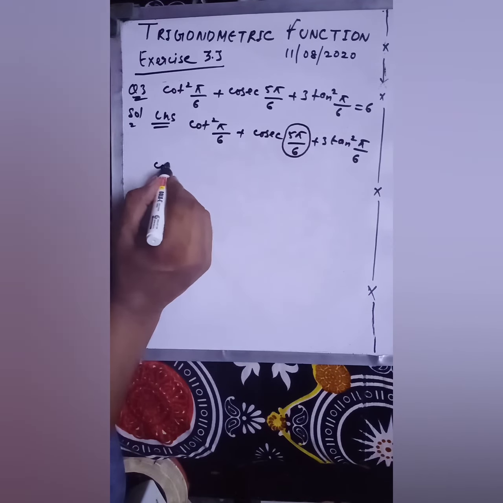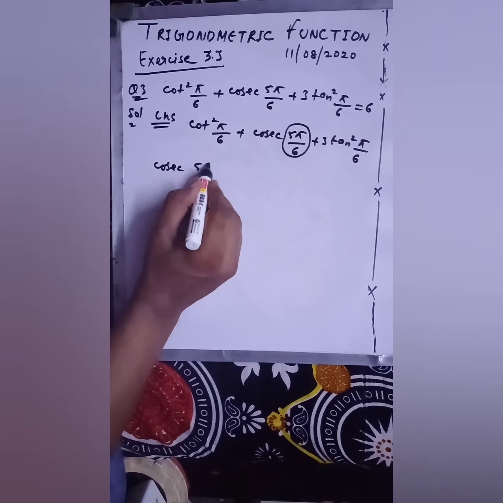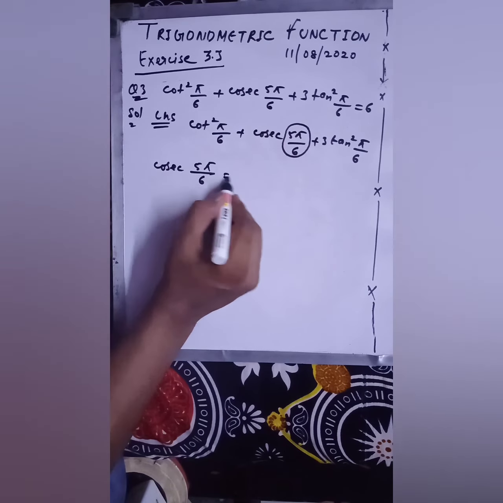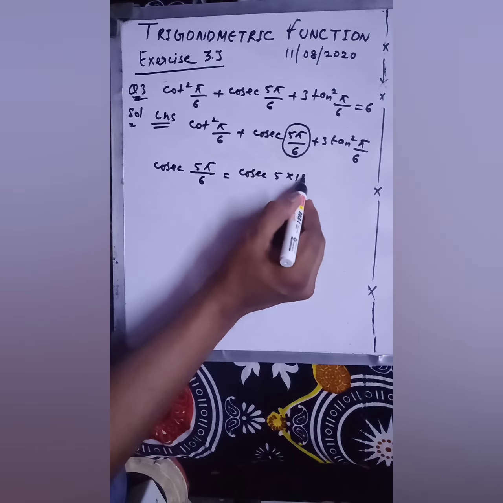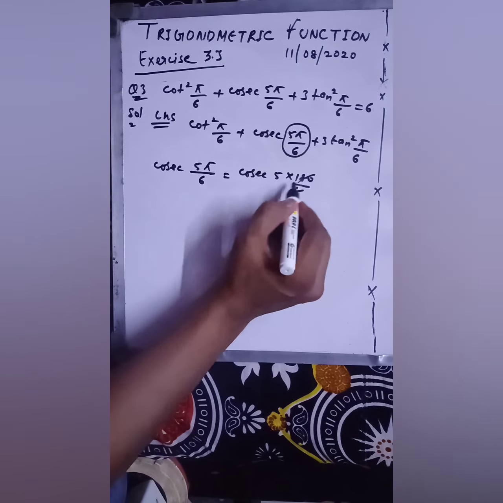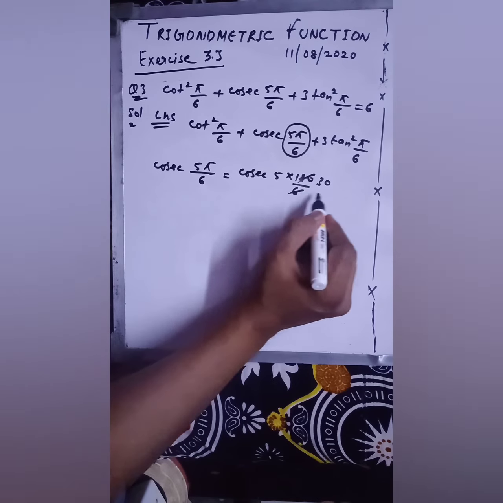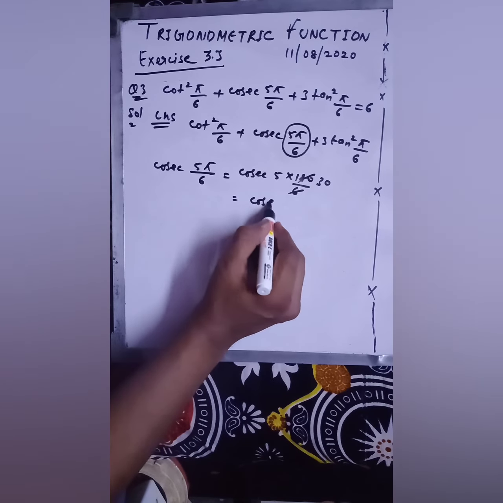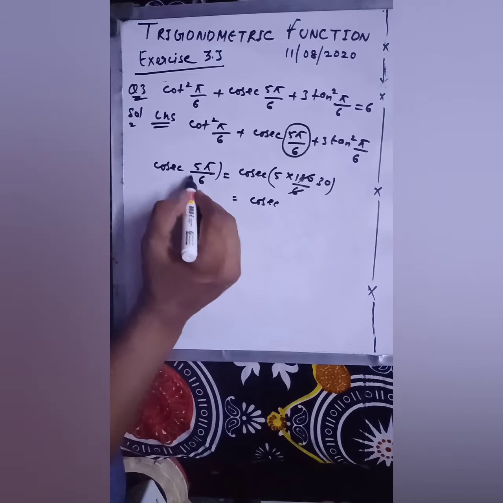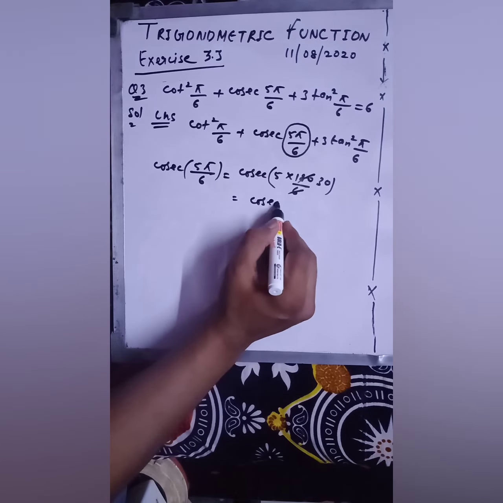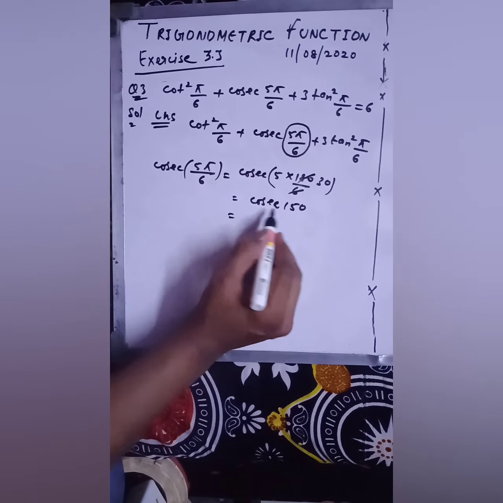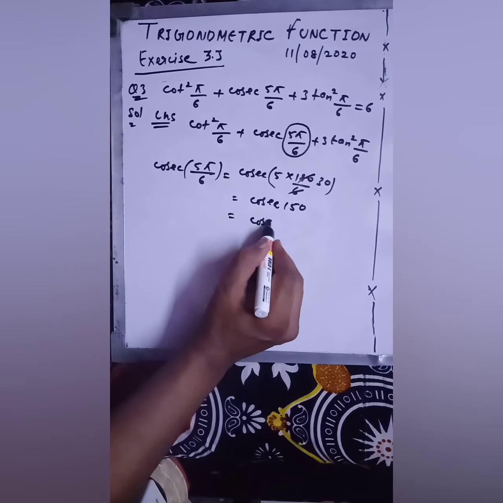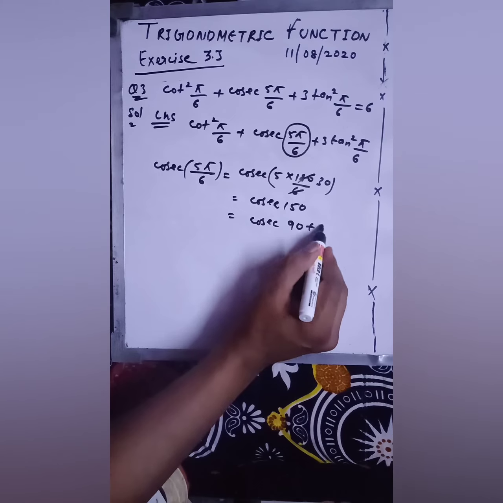So here I am solving cosec 5 pi by 6. Okay, so cosec 5 into 180 upon 6, this would give you 150. So it would be cosec 150. Cosec 150 can be written as cosec of 90 plus 60.